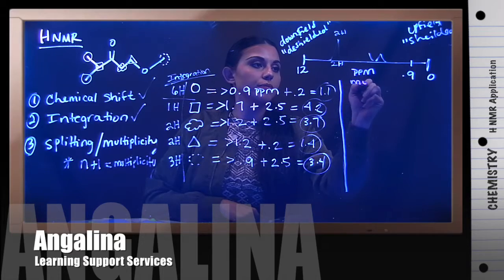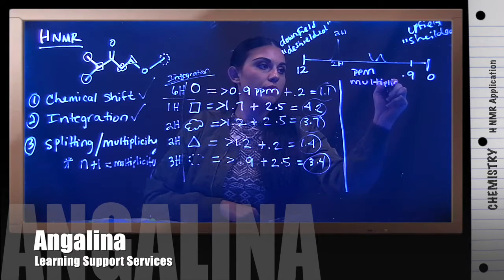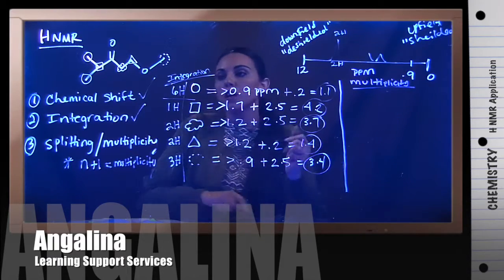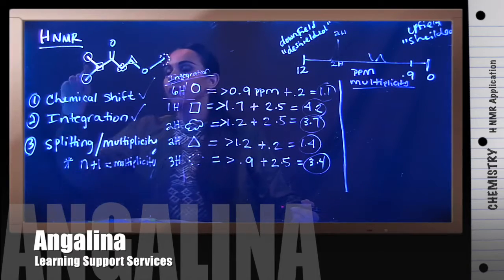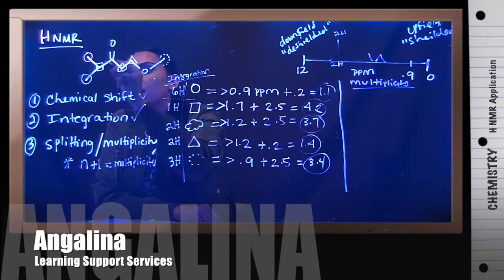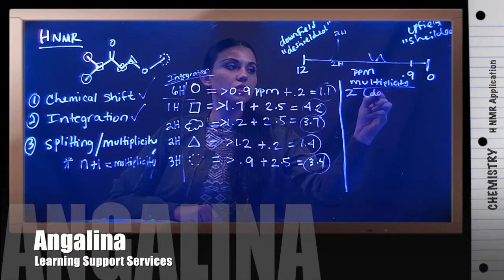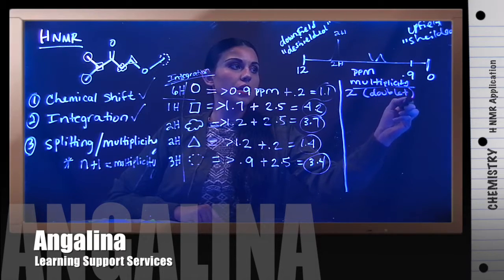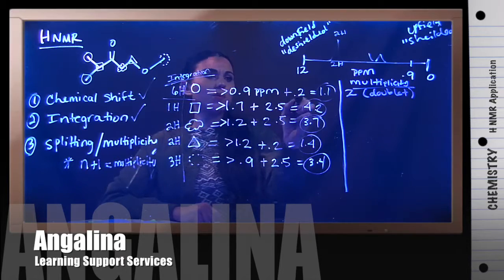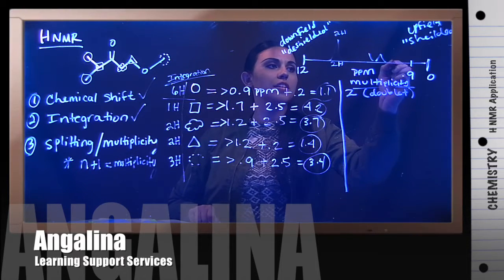So multiplicity. So for the first one, here, this was our signal. These are the hydrogens of interest. This is the neighbor. So for this, we only have 1 neighbor. So 1 neighbor plus 1 gives me 2. So I'm expecting to see a doublet for this signal. Doublet. That would look something, and again, this is like a 1.1, so let's put it somewhere around here. I'm expecting to see something like that, a doublet, 2 peaks.